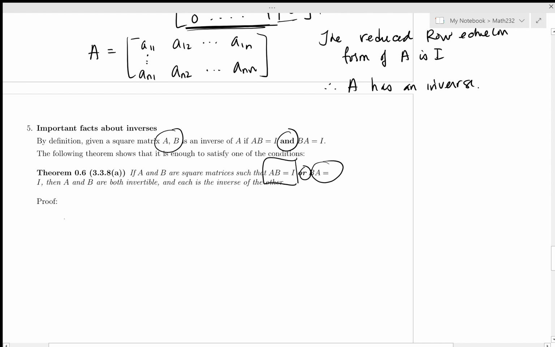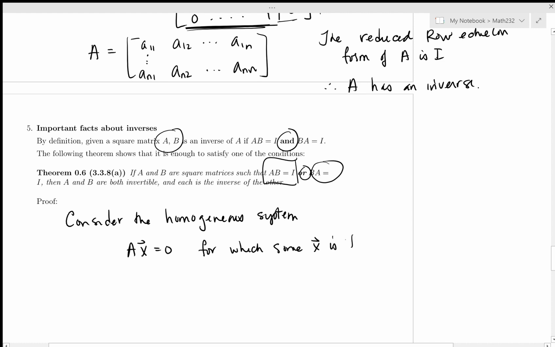So consider the homogeneous system AX equals 0, for which some X is the solution. We have that BA is equal to I.